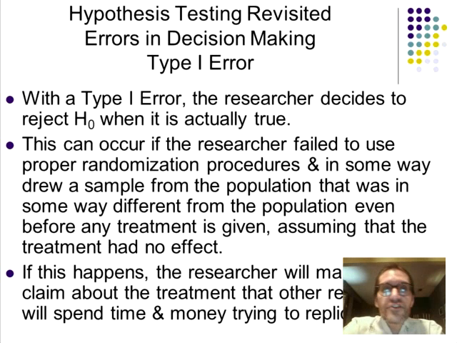It can occur if the researcher failed to use proper randomization in some way and drew a sample that was different. In our sleep example, let's say I drew a sample of people that were really good sleepers, and I gave them my drug.